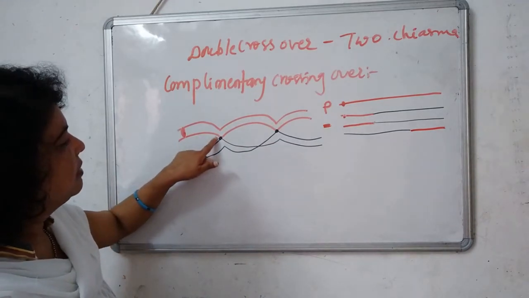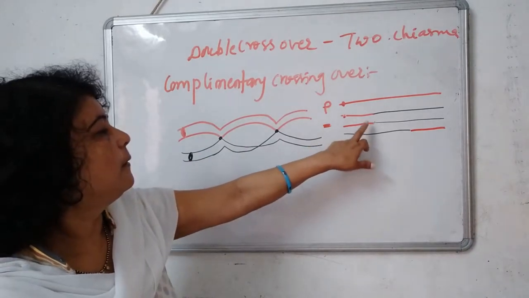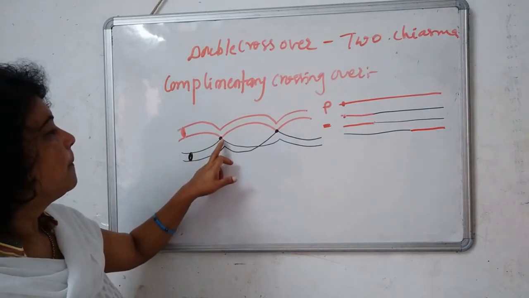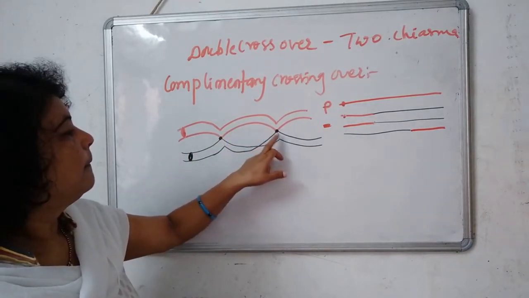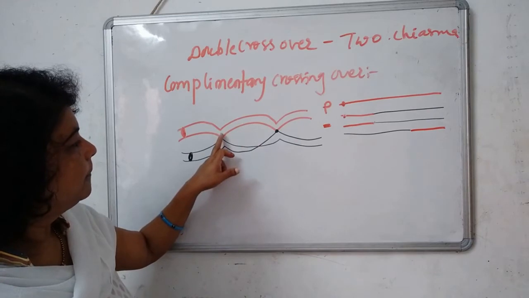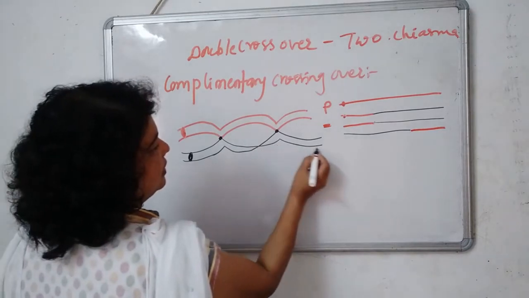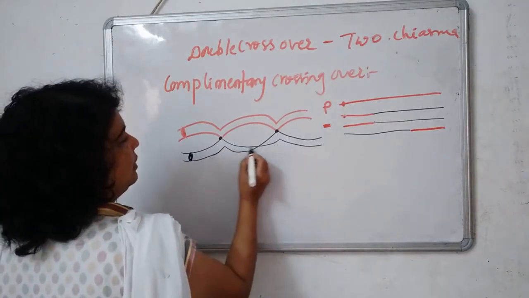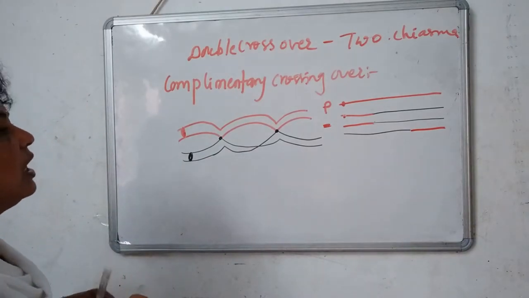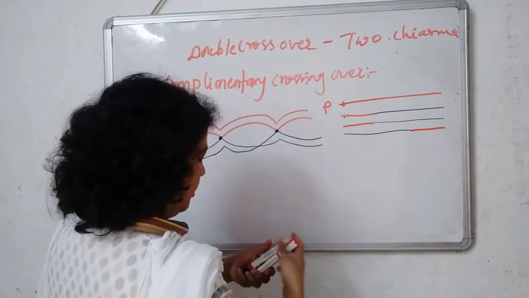The others are recombinants. So three recombinants and one parental type.